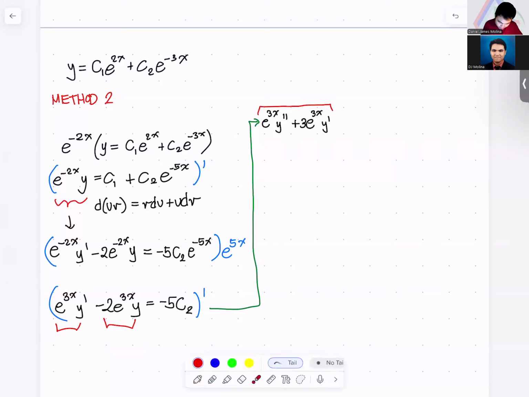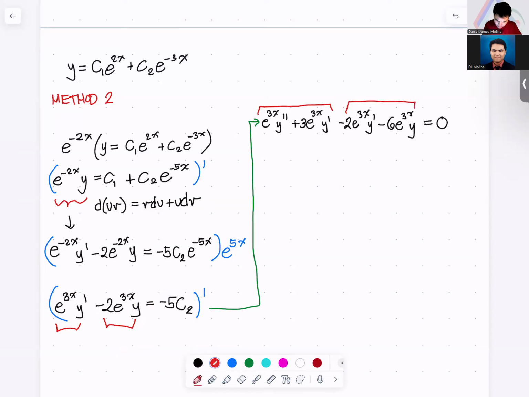Next, copy y, then differentiate y. That's minus 2e raised to 3x y'. And then copy y, differentiate this term. So that's negative 6 e raised to 3x y equal to 0.